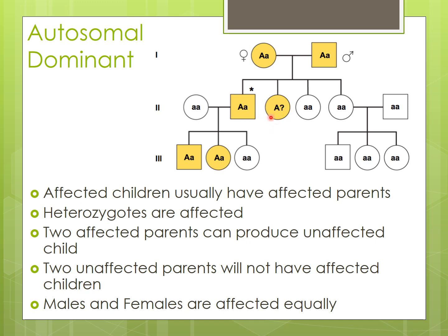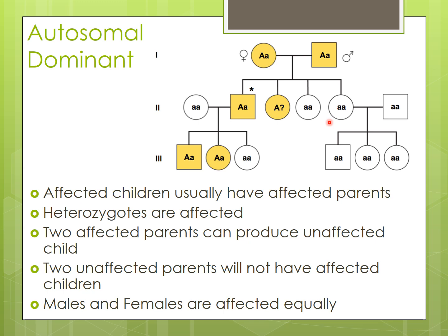You can see they don't know the other allele, but it doesn't matter because the individual is carrying the dominant allele, so that individual is affected. The other two siblings you can see here are homozygous recessive, in that they are not affected and therefore they do not carry that gene.